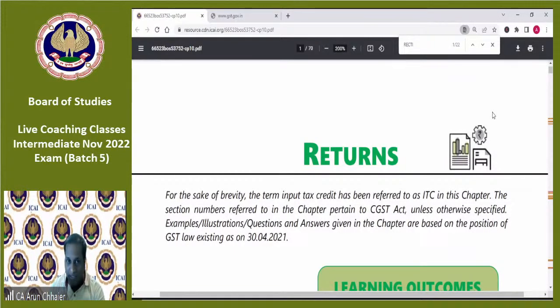It will go state wise and consolidated, not invoice wise. Can you please tell me which information will be entered in the consolidated manner in the GSTR1? Very good question.